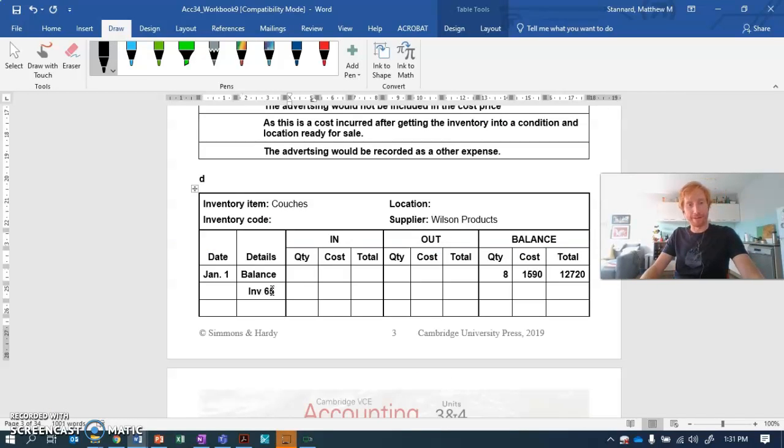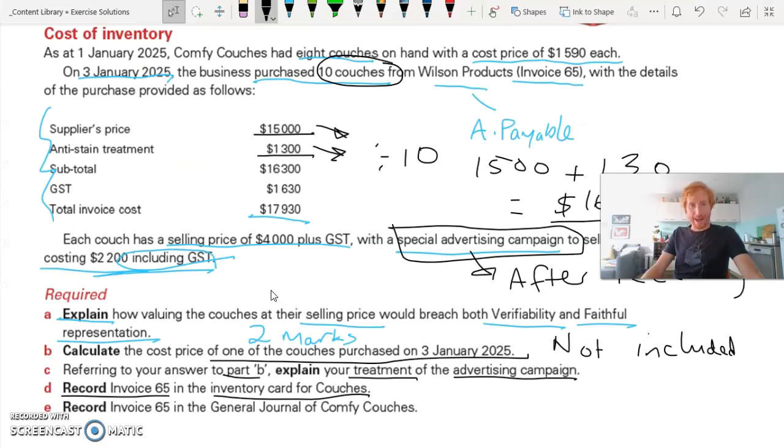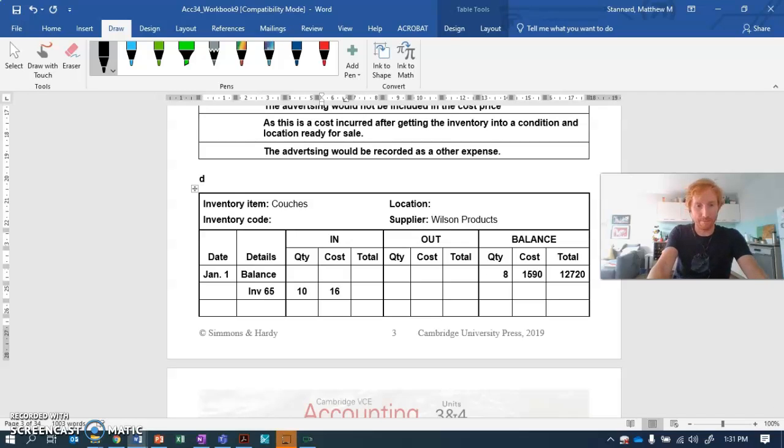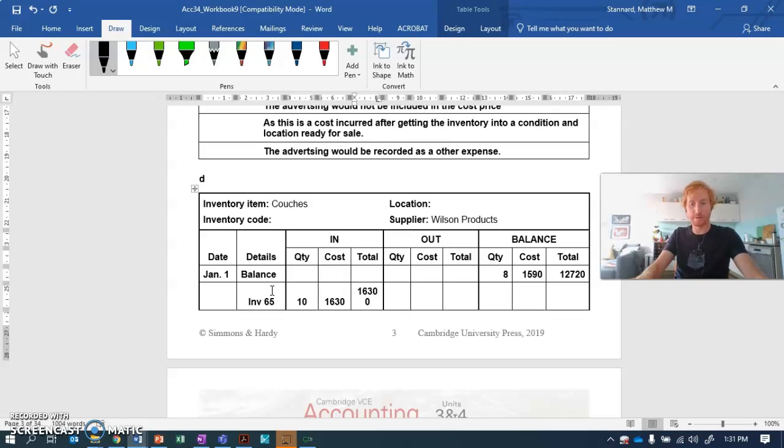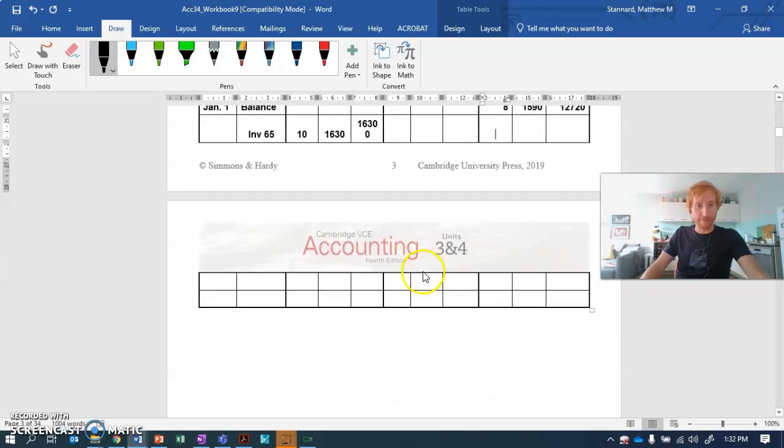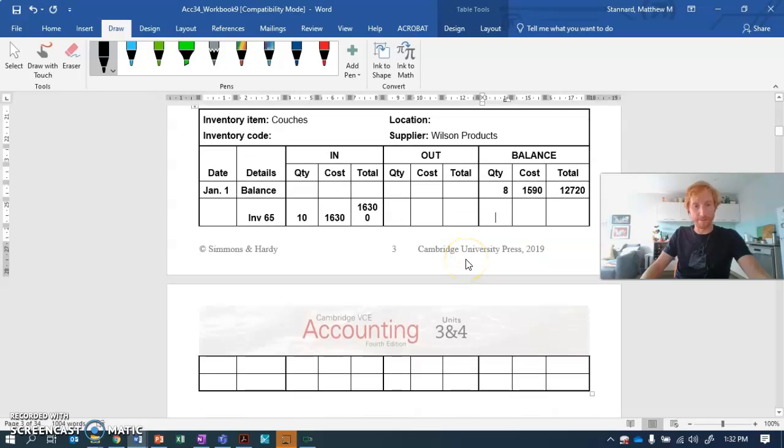We got 10 couches at $1,630 each, and therefore 16,300. Now we have 8 at 1,590, so we still have those ones.